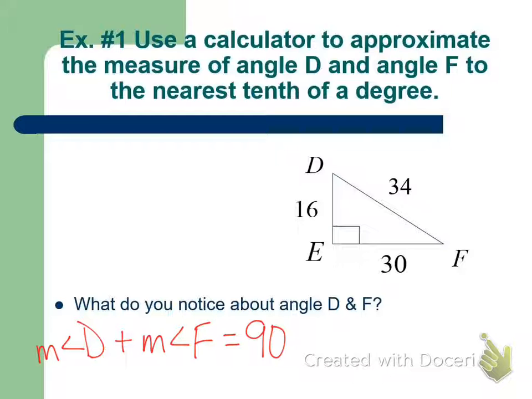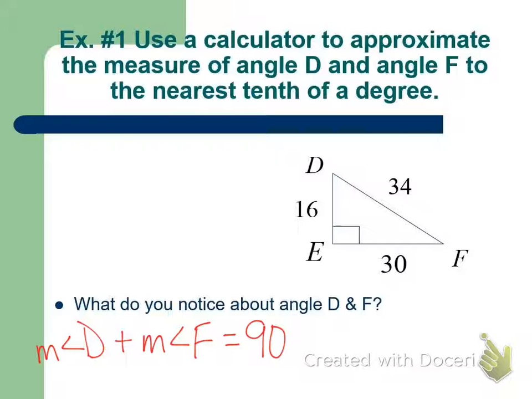So they gave us all of our sides, which means we get to pick which trig function we use. If you don't have all of the sides, then you have to use a trig function based on what sides you do have. But they gave them all to us, so you get to pick which trig function you want to use.